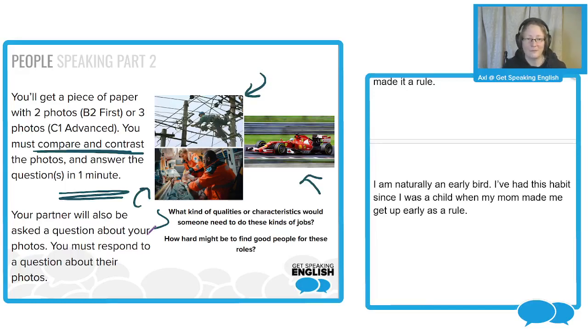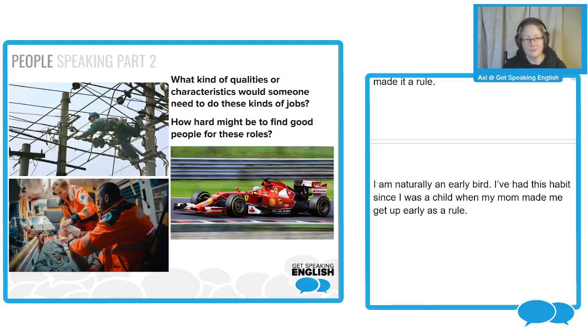But let's first focus on what we see in the pictures. I'm going to number them quickly: picture 1, picture 2, picture 3. What could we say about photo 1?